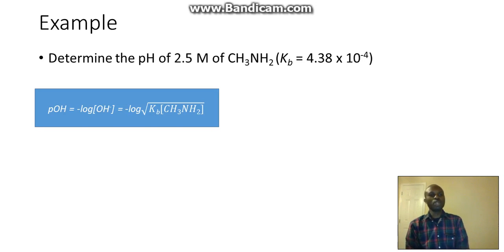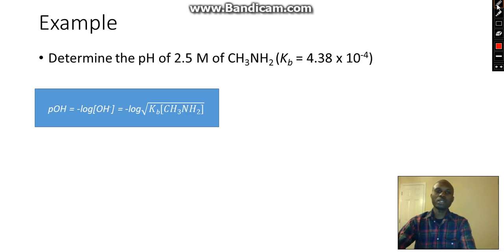First, determine the pOH. So the pOH of this solution is negative log OH, which is equal to negative log of the square root of Kb times the concentration of the base. So we know the concentration of the base as 2.5 molar.